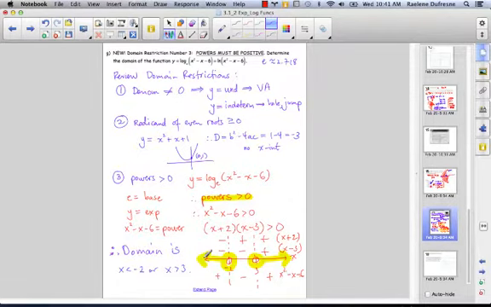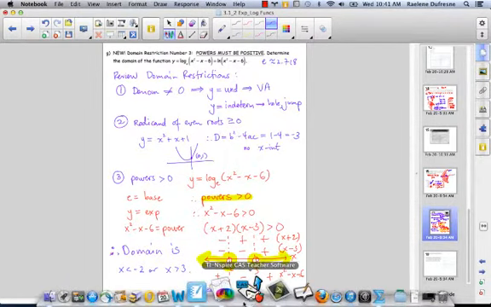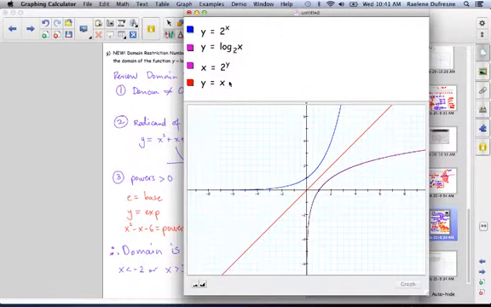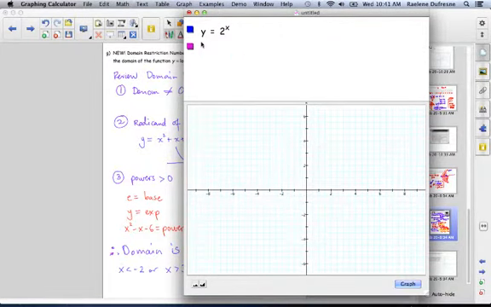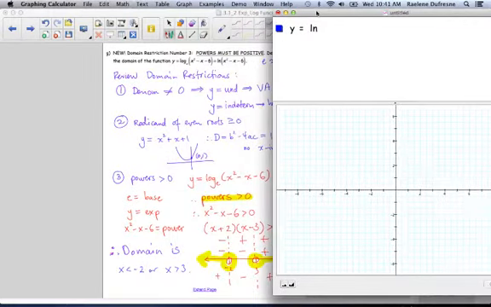Let's confirm this with the graph of the function so that we can be sure that the domain is what we algebraically and numerically solved for. So we're looking at the graph of y equals the natural logarithm, which is the logarithm with the base of e, approximately 2.718, where e is the natural number. So we use L for logarithm, N for natural, when it's log base e. And the power is x squared minus x minus 6.